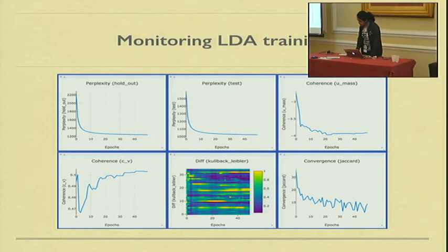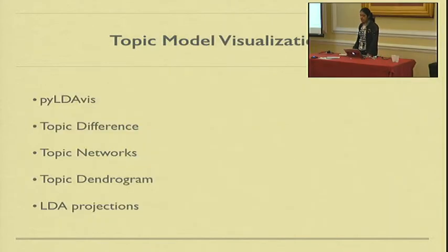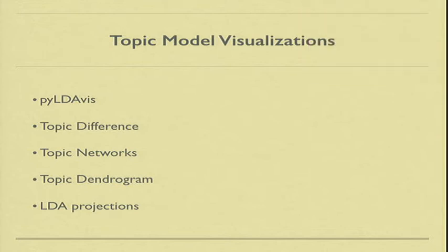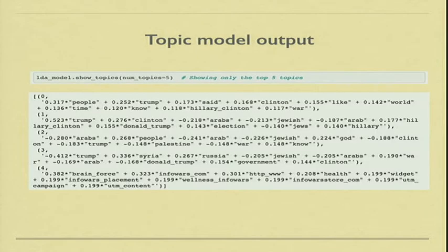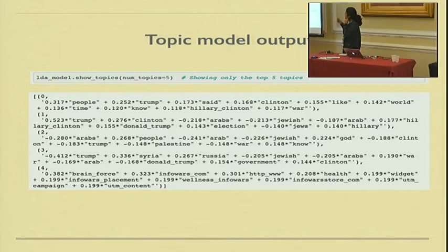Next, I'll talk about some visualizations which can be used to analyze the output of topic models. This is how the output looks in gensim. There's the API show topics, and we can define how many topics we want to see, and it gives us a list of tuples.